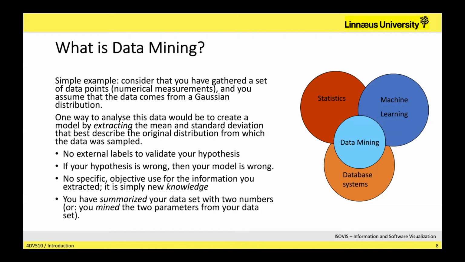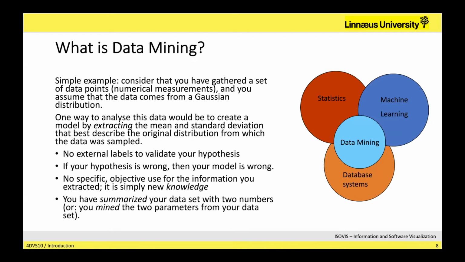They're going to be artificial data points, but if you assume that the distribution is correct, then they should be roughly close to the original. So basically, you have mined these two parameters from your data set, and by mining them, you basically explain, so to speak, your data set using just two numbers.